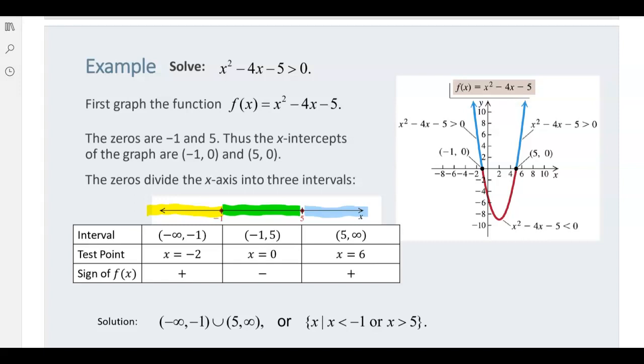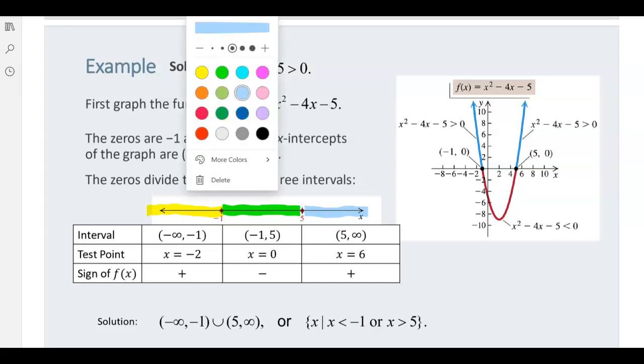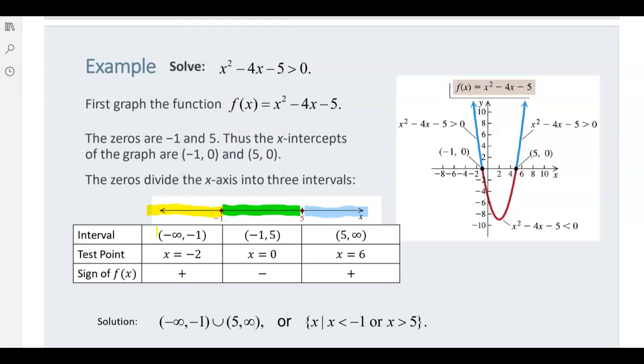Typically what we do is a strategy of picking a test point in each of those particular regions. I can pick any point I want for this first interval that is between negative infinity and negative 1, and so I choose negative 2. I plug that into the original equation, and all I want to know is that output value, is the y value positive or negative?